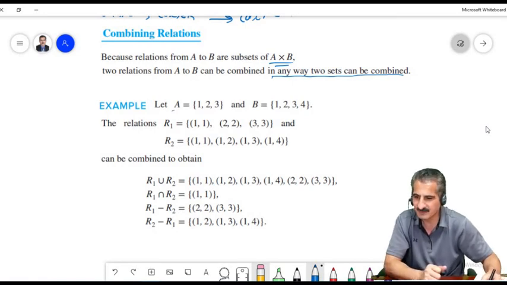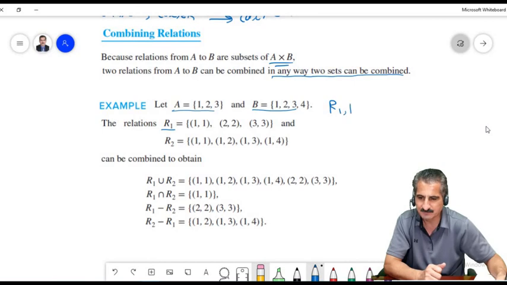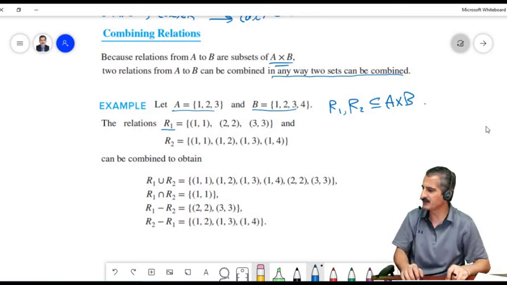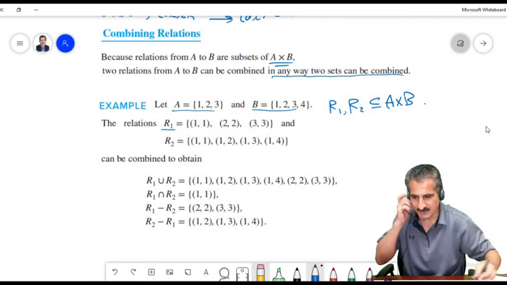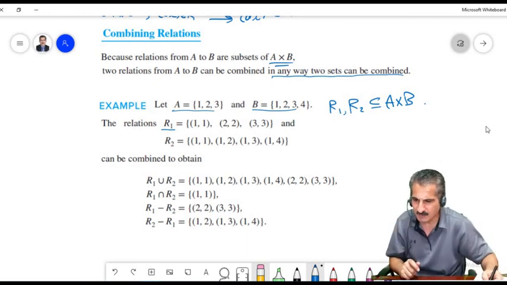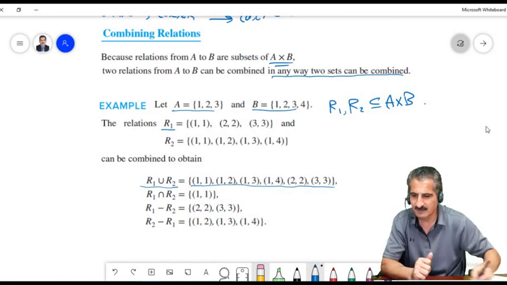For example, if A is this set and B this set, and R is defined on A cross B, each of R1 and R2 is a subset of A cross B. So each of R1 and R2 is a relation from A to B. So notice this. When we make a union, we get a new set of ordered pairs. So we got a new relation. Good.